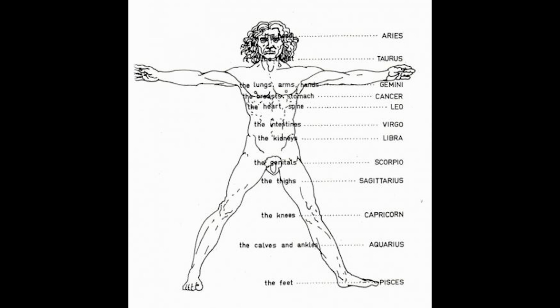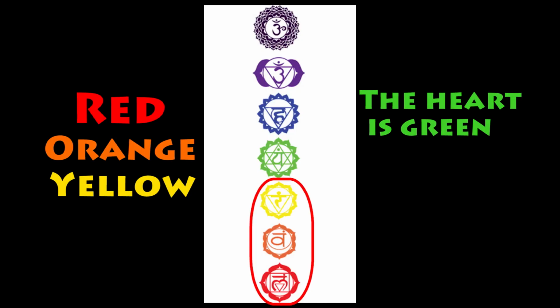The red is the lower, the red, what is it? Red, yellow, and green, I think. The bottom three chakras are the lower nature, and then you enter the higher nature when you enter the heart, which is the fourth chakra, and that's what our body is. You know what I'm saying? The lower nature. If you know anything about any of my other posts, I mentioned it a couple times.